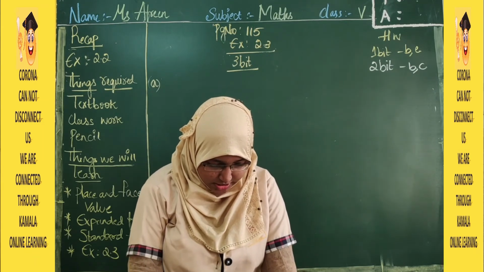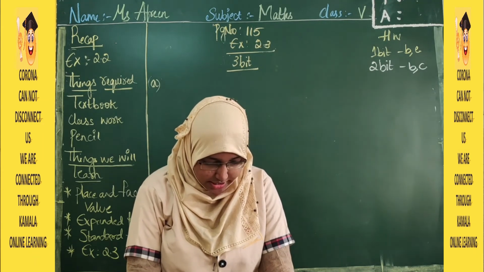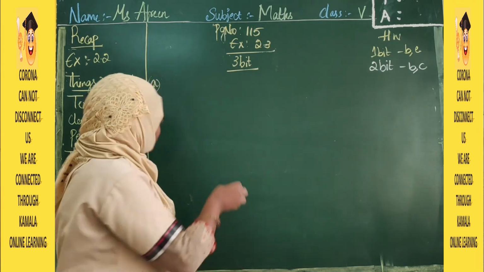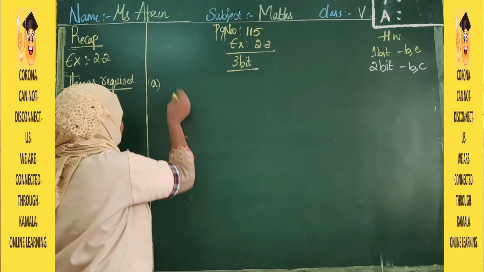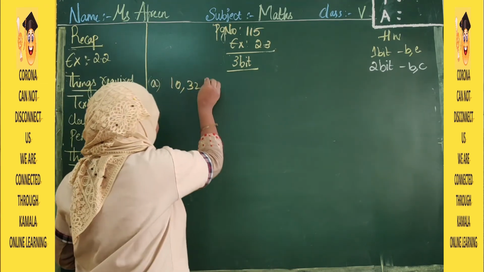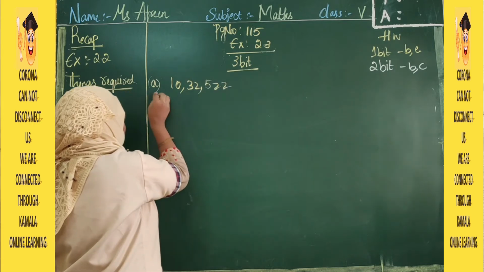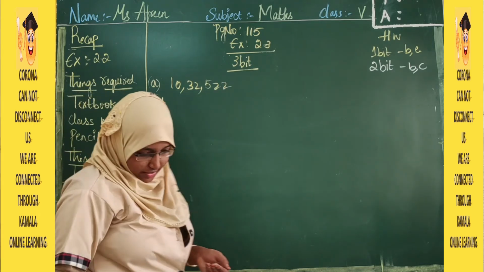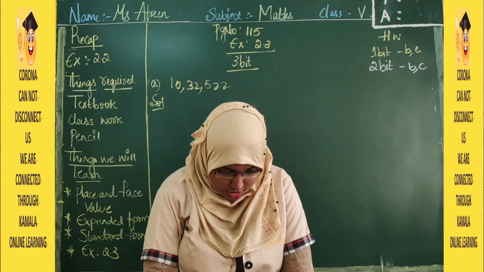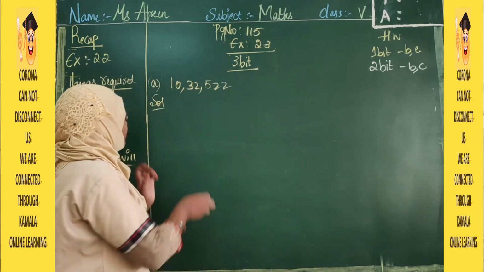Write the following numbers in expanded form. Also write the expanded form in words. So 10 lakhs 32,522. Firstly, we have to write expanded form and also write expanded form in words. Both we are going to write.